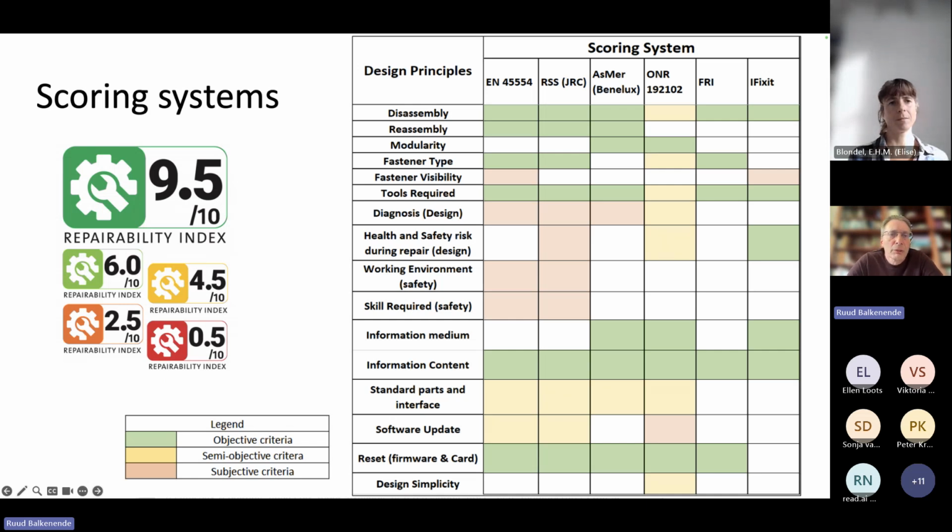But there's a number of other factors that are also important. For instance, diagnosis, which is hardly addressed by any of the scoring systems. Also, software-related factors are of growing importance. An example is devices, Apple iPhones, for instance, where you need software pairing of spare parts to your phone, otherwise, even if the part is an original part, it won't work.